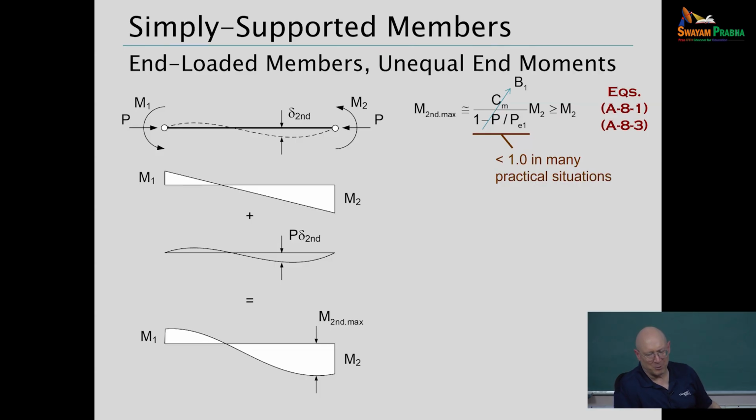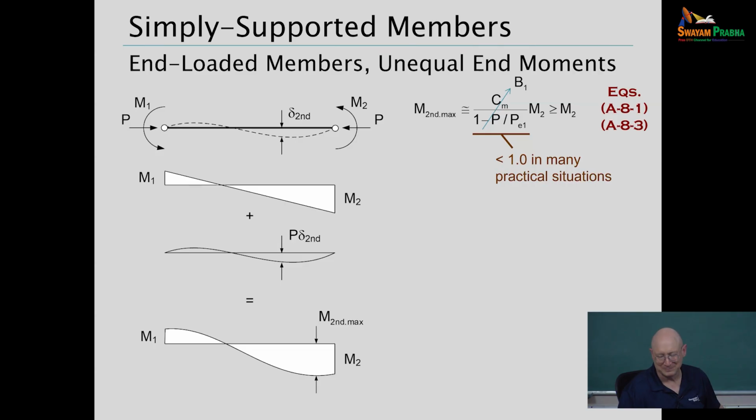But in practical cases, that amplifier often gives you a number that's less than 1, in which case what you're supposed to read into that is that M2 is your largest moment. The moment along the length never gets larger than M2. If you get a number less than 1, always take B1 as 1, or if you get something larger than 1, then the moment between the ends is larger, estimated.